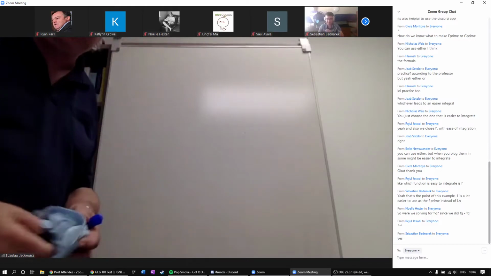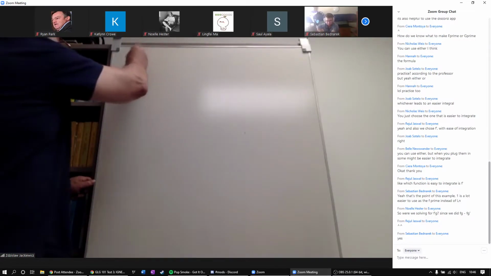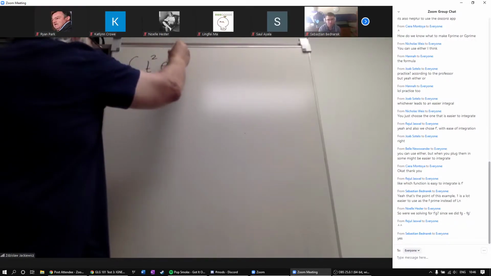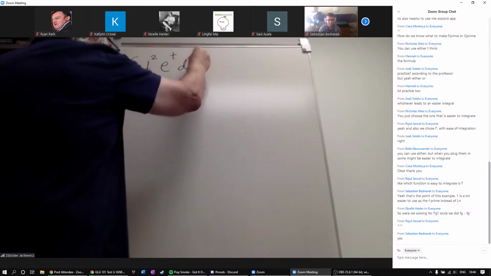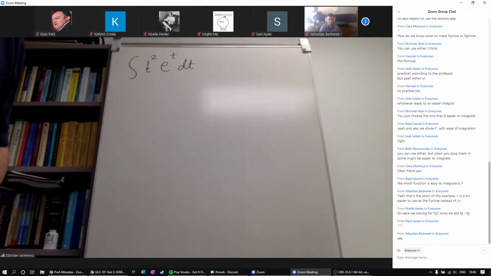In this example, you will have to use it twice. So let's say we have the integral of t squared e to the power of t dt. You would like to compute this.